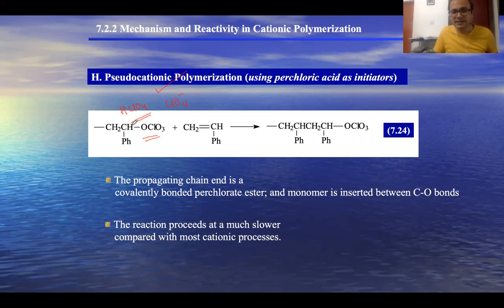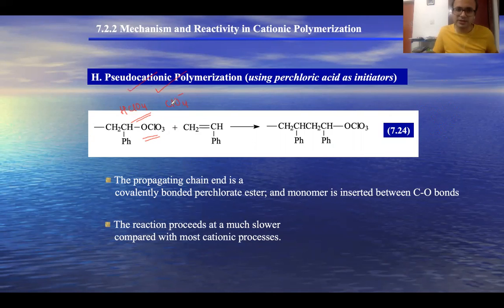Since no proper carbocation is formed, it's called pseudocationic, though it is a cationic polymerization because it involves the addition of a proton. But the propagating chain usually doesn't have much cationic character, meaning more of a covalent bond is formed here.